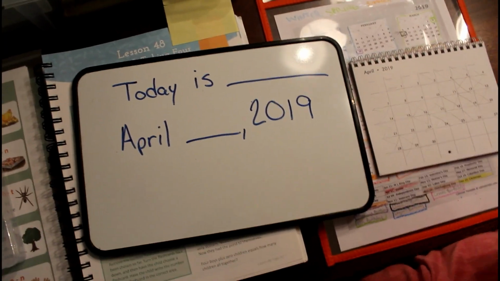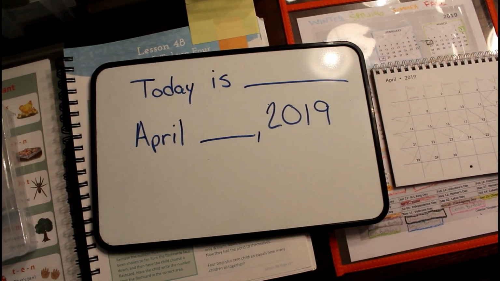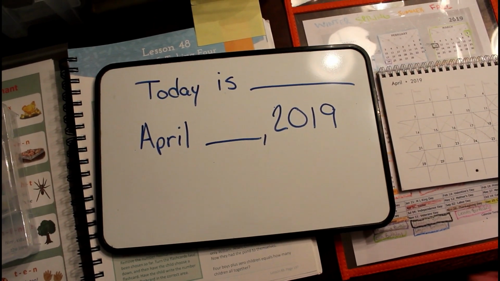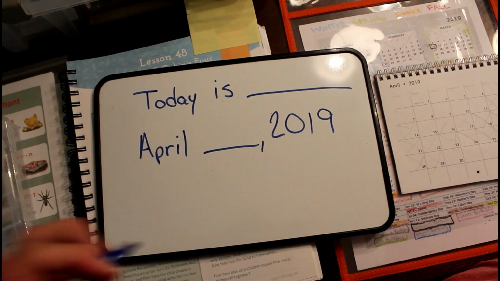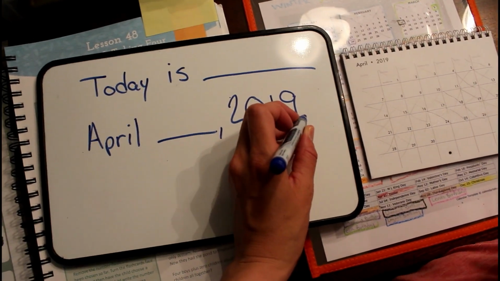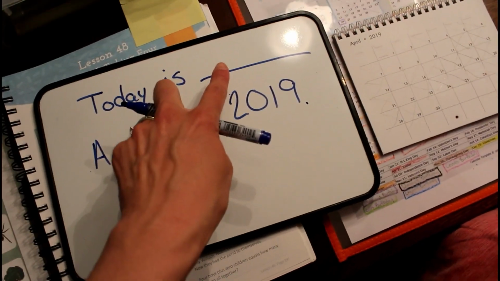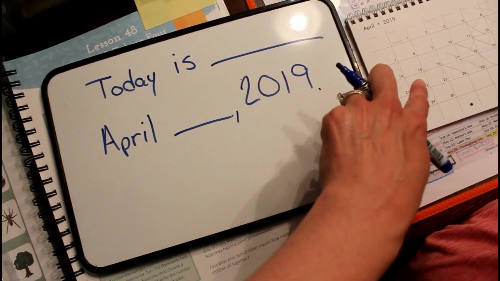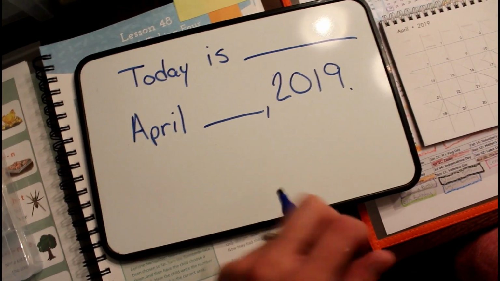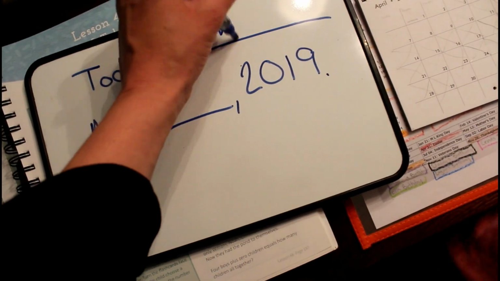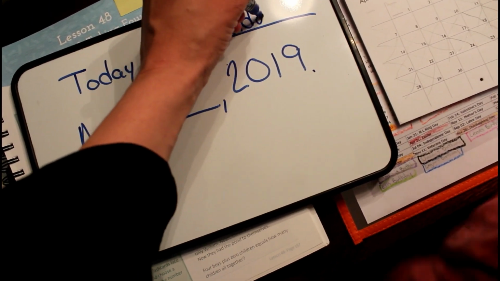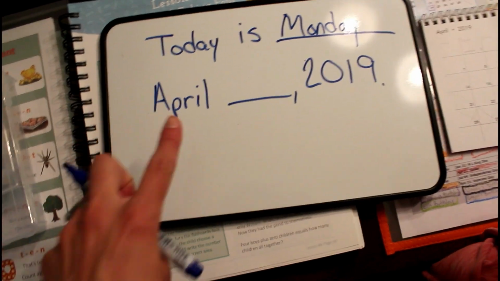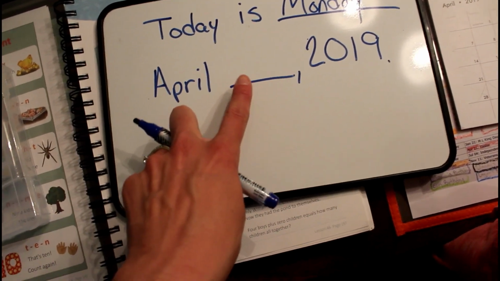All right, and then we go ahead and we write the date in a sentence form on the whiteboard here. So what is today? Today is? What day did we say? Monday. Monday, good. So we write Monday. And then April, what number?